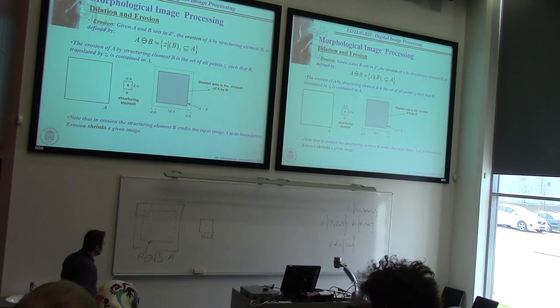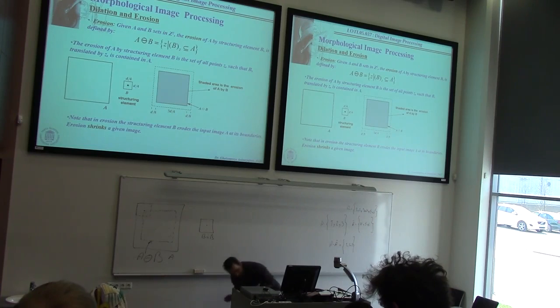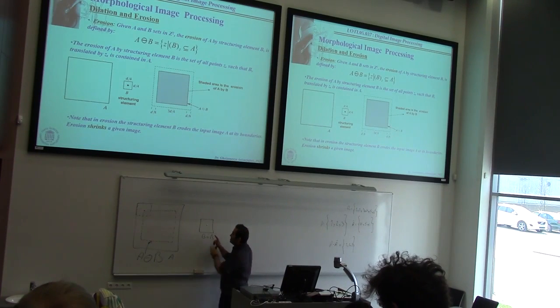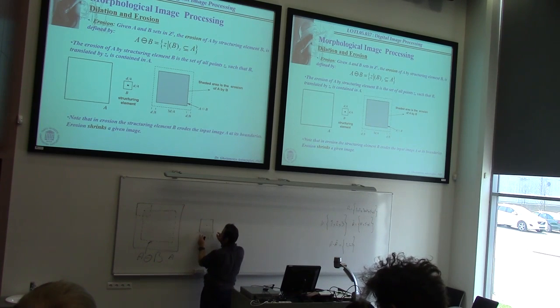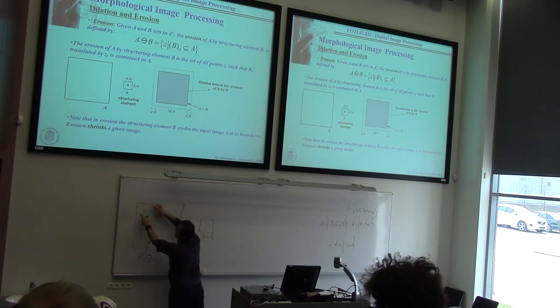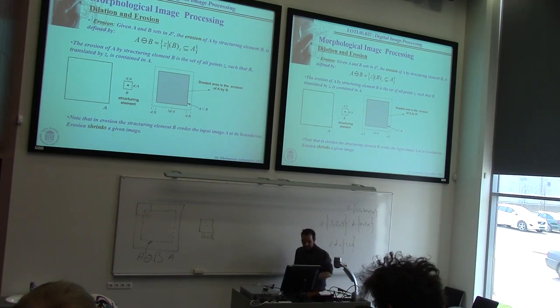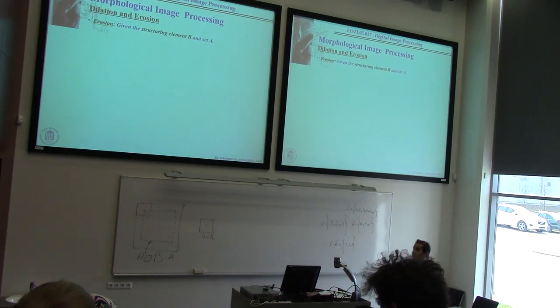But the rest of the concept is the same as dilation, except this definition, that all parts of the structure B have to be inside the image. Then after that we can draw some lines.